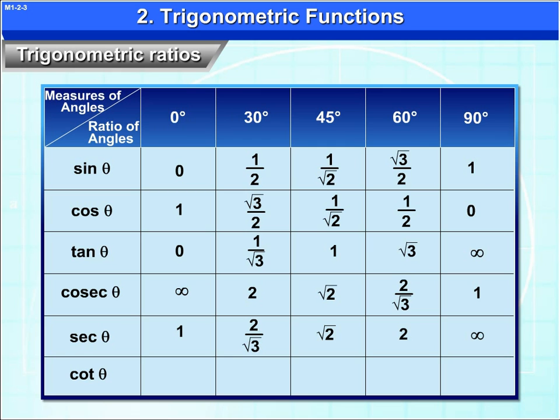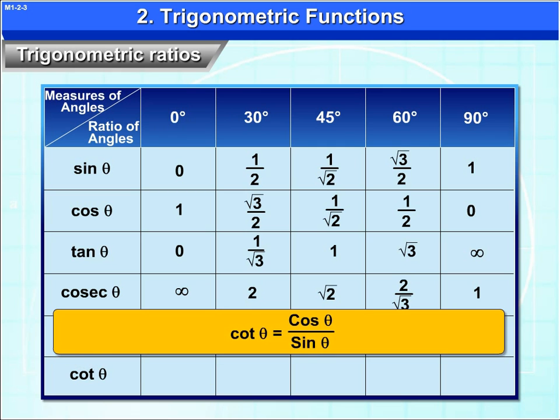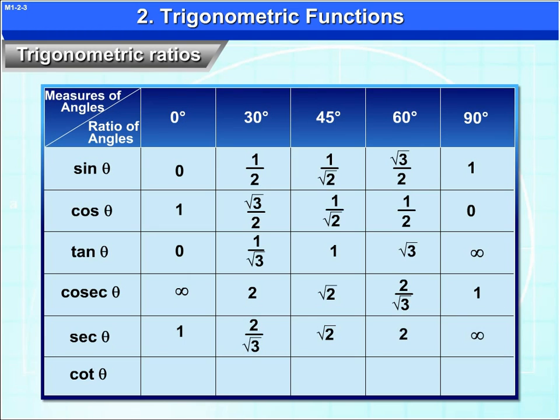Lastly, let us write down cot values. Cot theta is equal to cos theta upon sin theta. So let us divide these values. 1 upon 0 is again infinity. Root 3 upon 2 upon 1 upon 2, 2 gets cancelled.